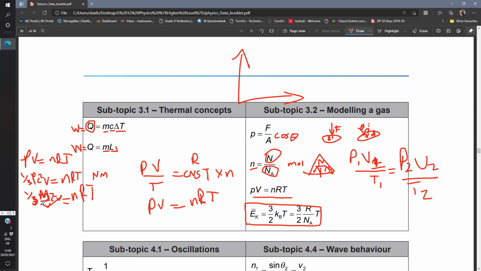Sorry, this is capital M. So 1/3 is equal to nM c squared, and that will be equal to, here we find n to be N over NA, RT, and n goes with n, over NA T.